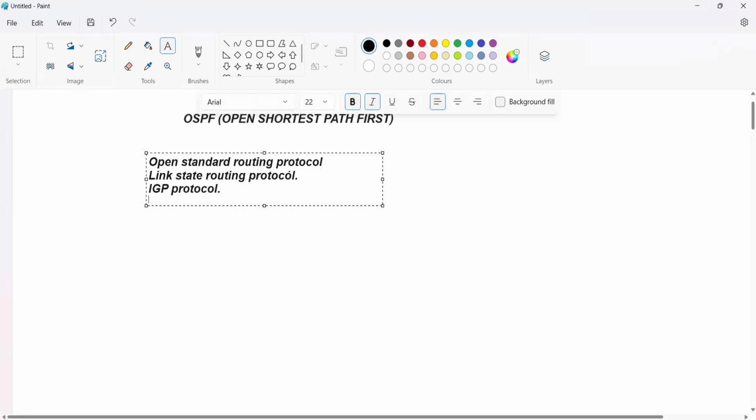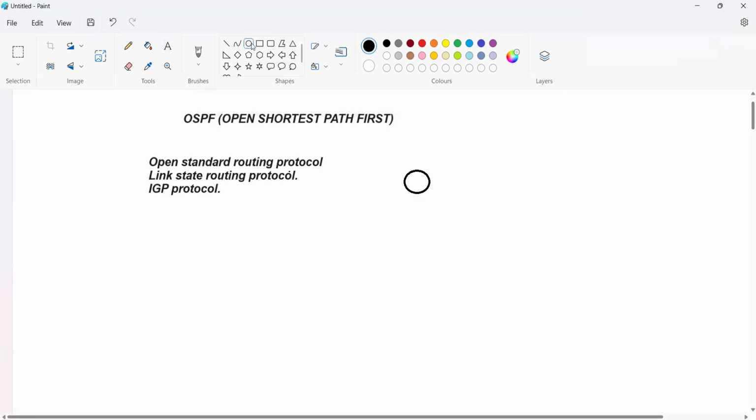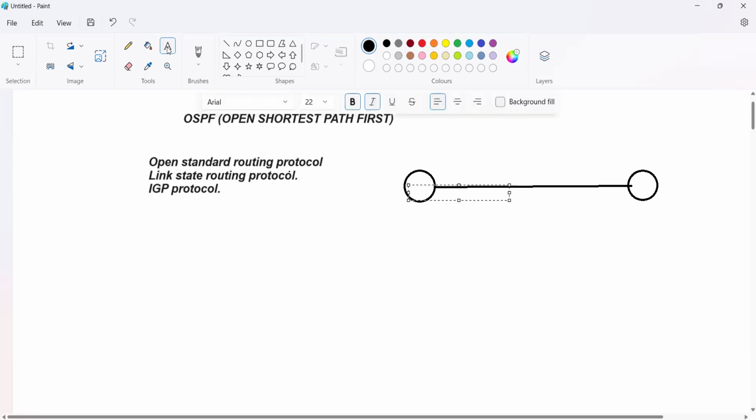Basically OSPF will use a metric. Whenever we configure the OSPF routing protocol between two routers, for example router A and router B, we configure the link state routing protocol that is OSPF.